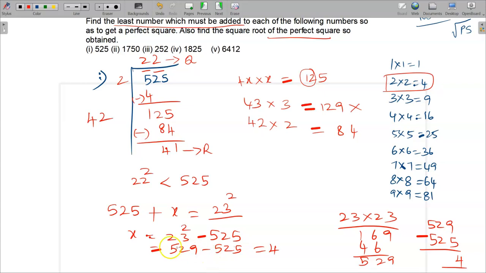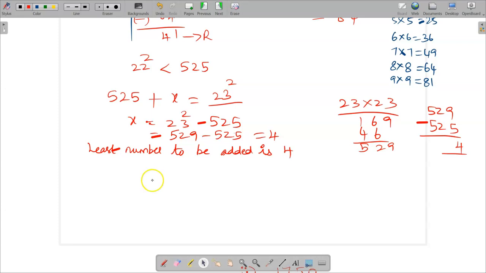So the least value that must be added to the given number 525 is 4. So 525 plus 4, where x is the least number to be added, is 4.